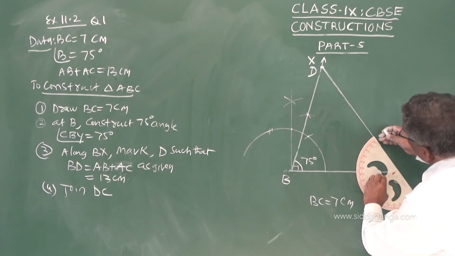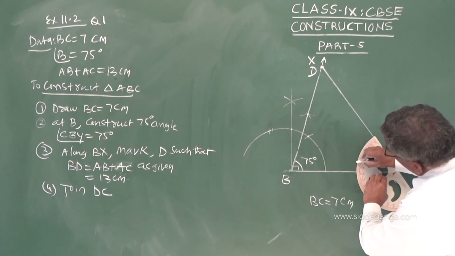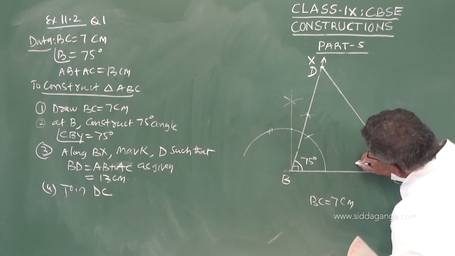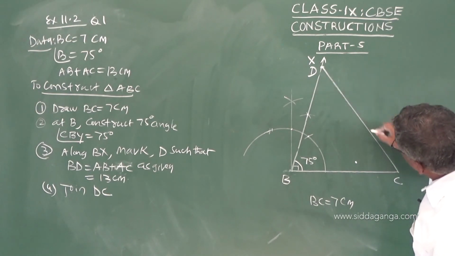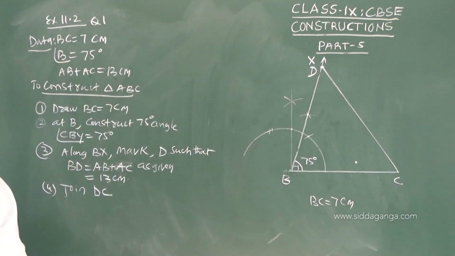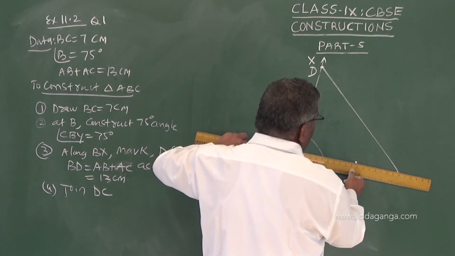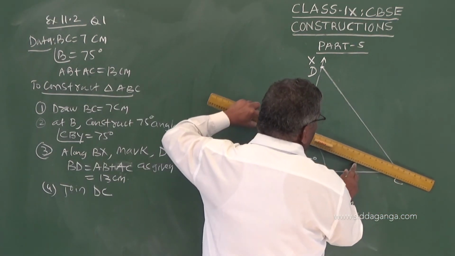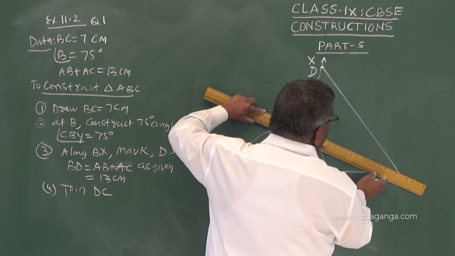From this line you take 10, 20, 30, 40, 50. This is a 50 degree angle. I am taking a 50 degree angle here. Then you join that angle line. It will come like this.